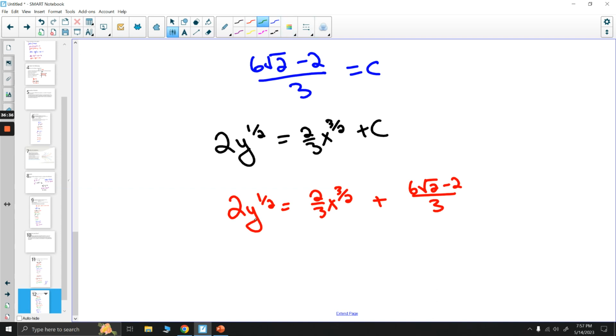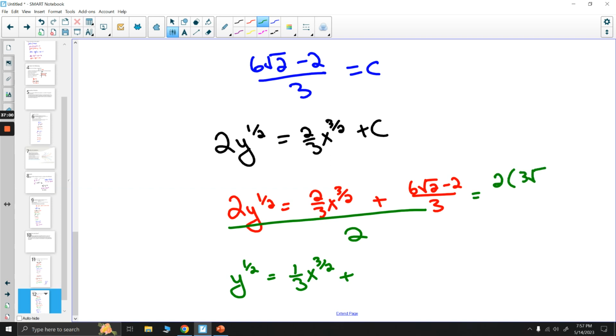Okay, so now we're going to solve for y. We're going to divide everything by 2. So we get y to the 1/2 is equal to, so 2/3 over 2 is just going to be 1/3. So we have 1/3 x to the 3/2 plus this 2 and a 2 on top here will cancel. So basically this is like saying if we factor out 2, we'd have 3 square roots 2 minus 1. So this 2 and this 2 cancel, and we have 3 square roots 2 minus 1 over 3.